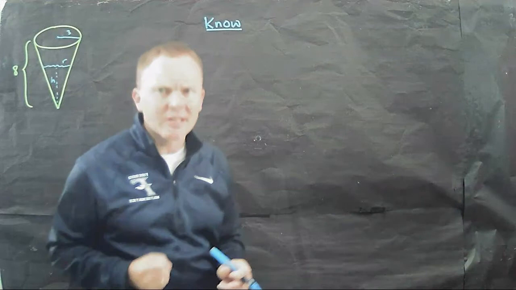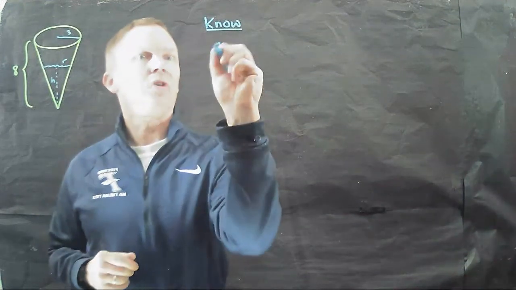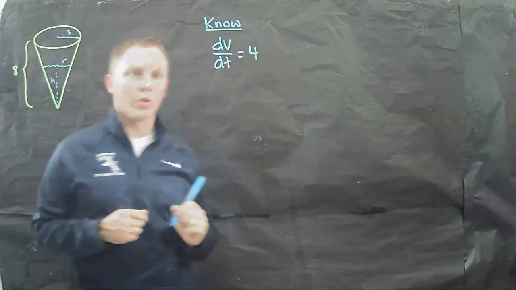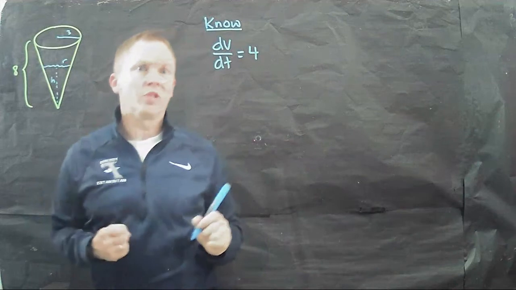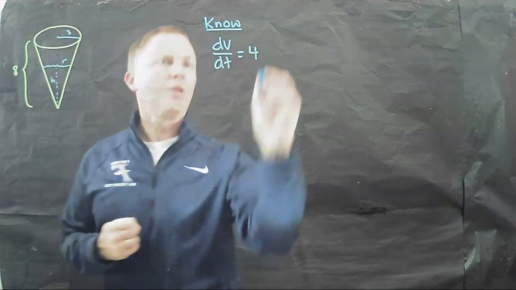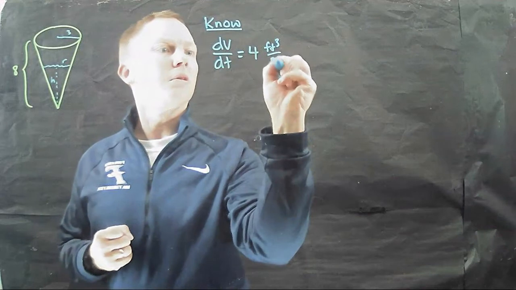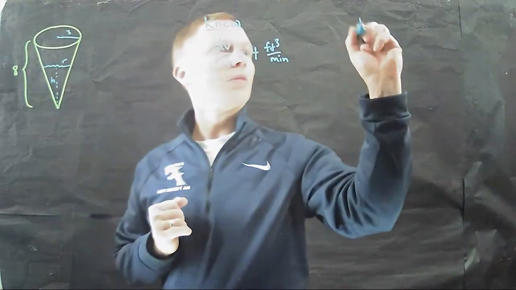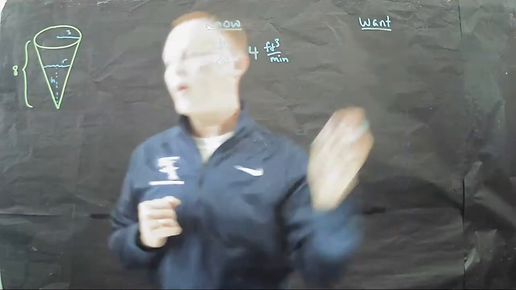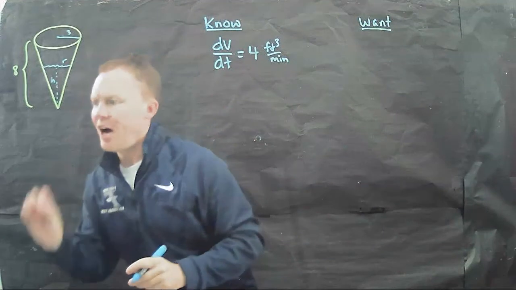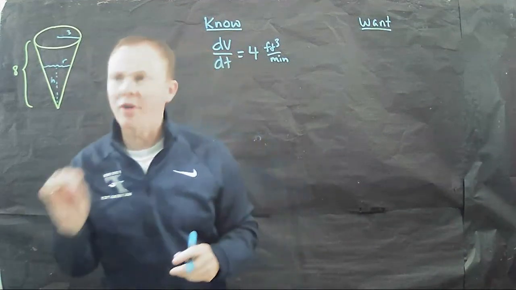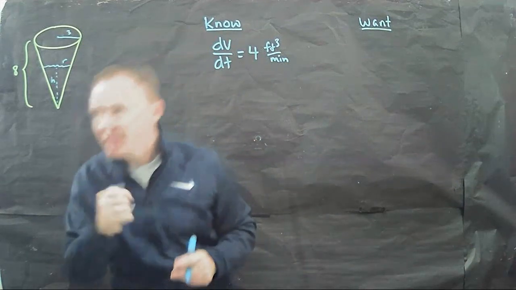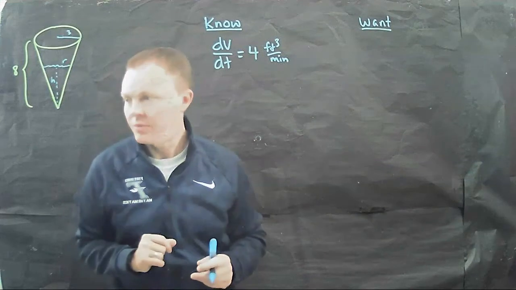What kind of rate does that sound like? Well, it sounds like a volume. So I know that dV/dt is equal to 4. It's a constant 4. The volume is changing at a constant rate of 4 cubic feet per minute. What do I want to know? It says, find the rate at which the water level is rising when it's 3 feet deep.